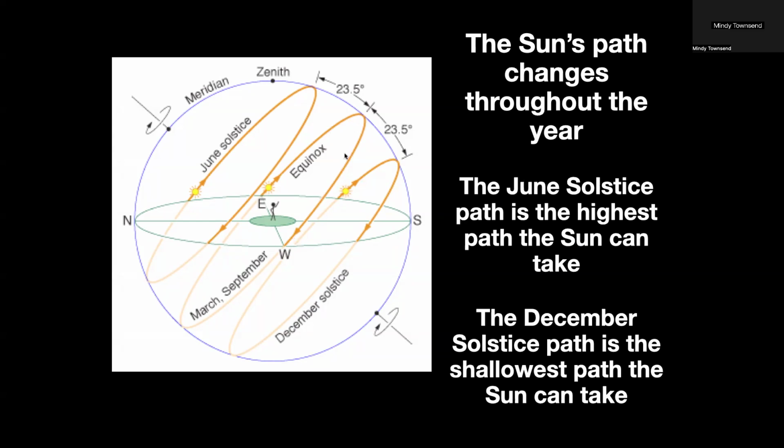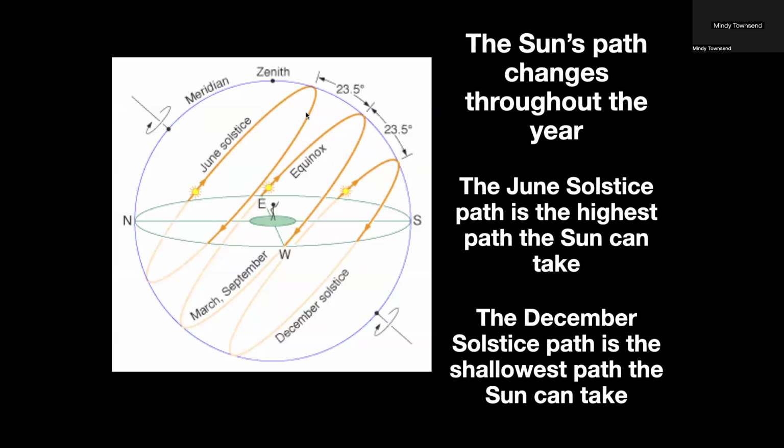This is its equinox path. So let's say we're in the first day of spring. Every day after the spring equinox, the sun will creep up, up, and up until we hit, for the Northern Hemisphere, the longest day of the year.